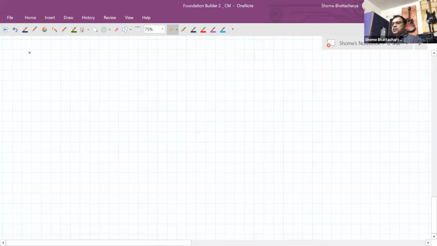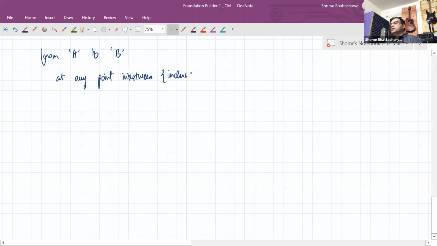Now the other important thing is that from the point A to the point B, at any point in between, including A and B, of course, tension acts perpendicular to the velocity, the instantaneous velocity v, because tension acts along the thread.